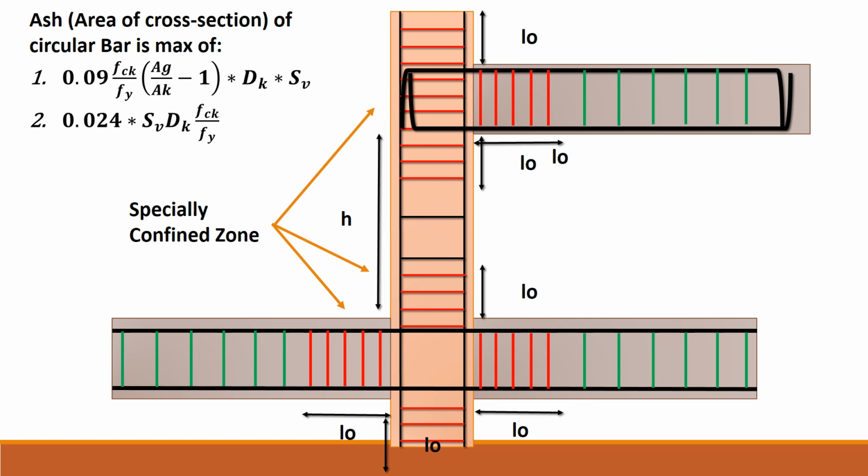Now, what is Ag? It's the gross area of cross section. Ak is the core cross section, and then we have terms like Sv and Dk that we will study ahead. So the term Sv is the spacing or the pitch of the links or the ties. Hc is the longer dimension of the rectangular link measured to the outer face. Now that's to be used here in this equation.